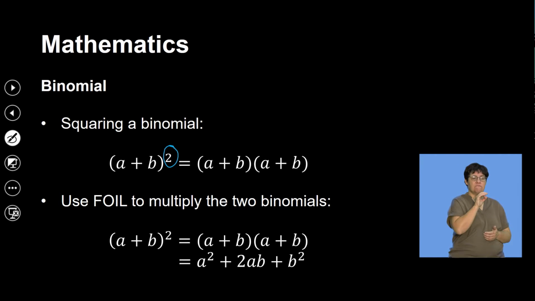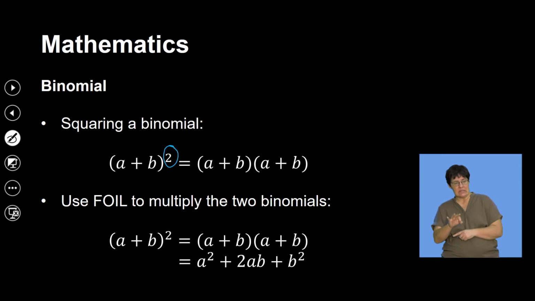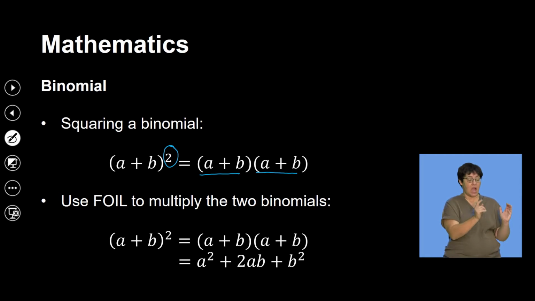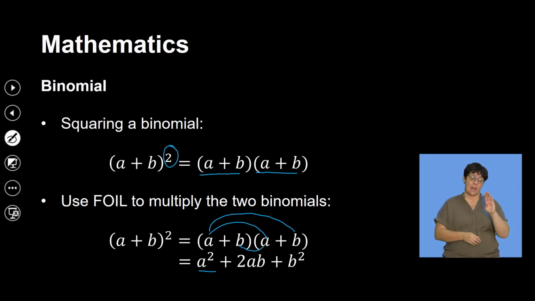So when I square a binomial, it means I am repeating exactly what is inside the bracket without changing it and multiplying it by itself, as you can see here on the right hand side. And then you use the FOIL method to multiply these two binomials, which will give me the A multiplied by the A will give me A squared. The A multiplied by that B will be AB, and then the B multiplied by the A will also be AB.